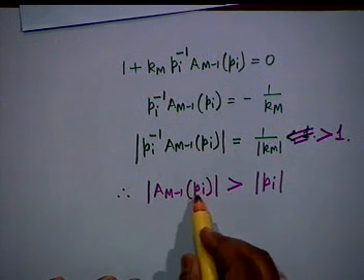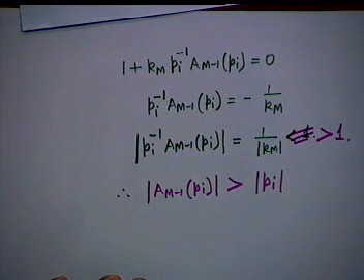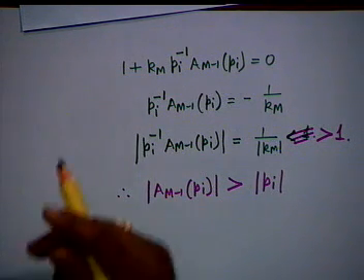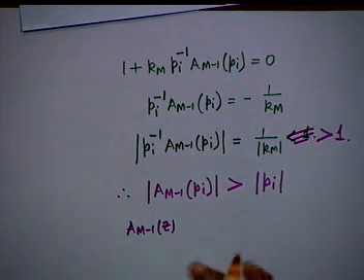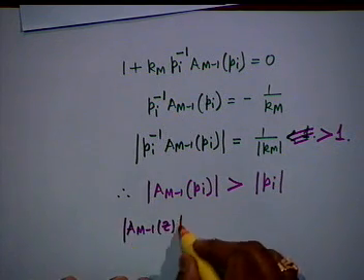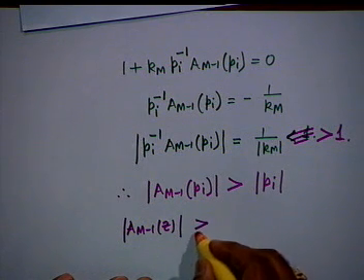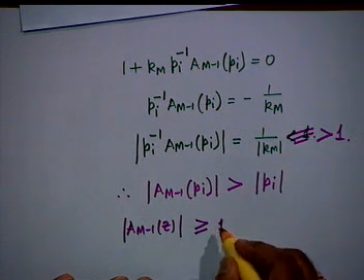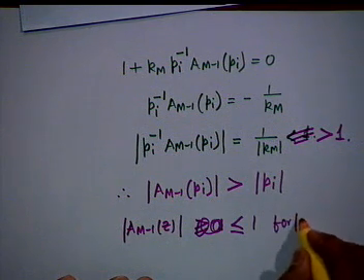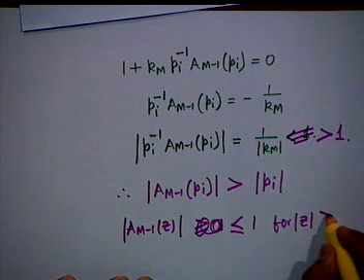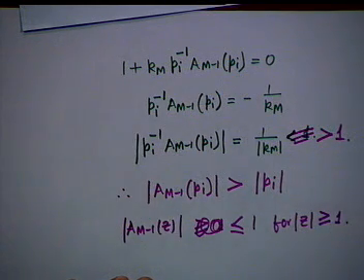Now, Am minus 1 Z is a stable function. Agreed? So, this is the crucial point of the proof. I want your full attention. If this is stable, then magnitude Am minus 1 Z is less than equal to 1 for mod Z greater than equal to 1. Okay?